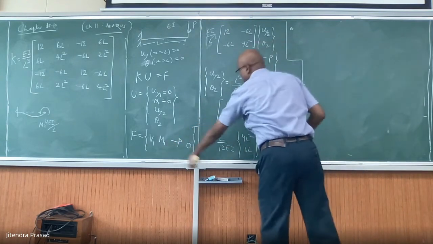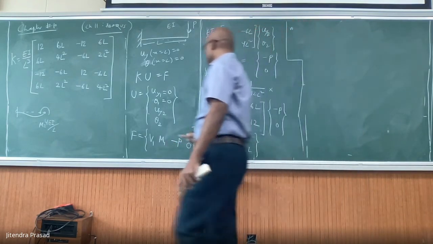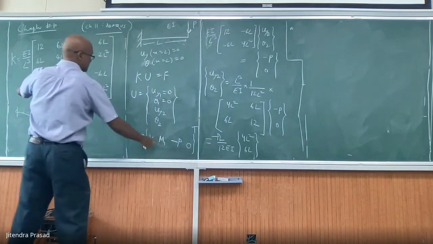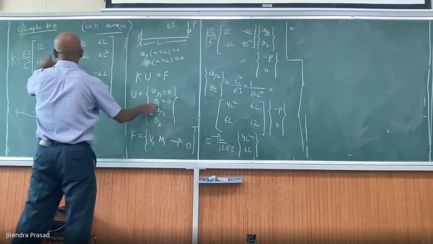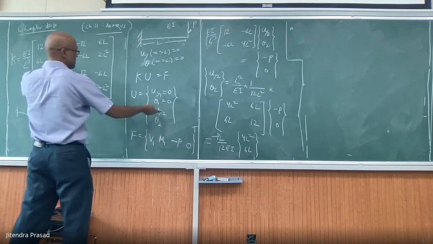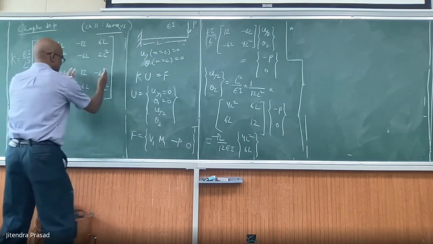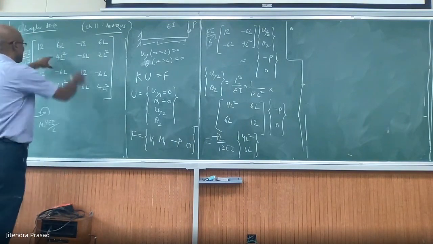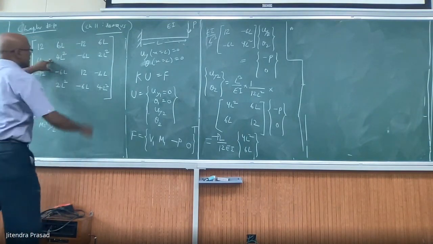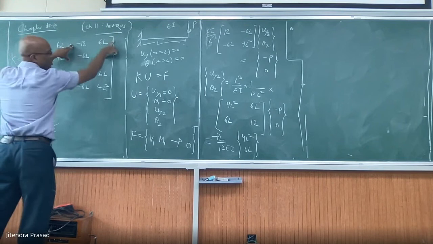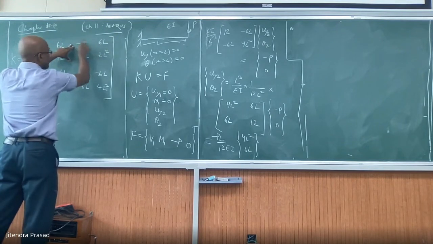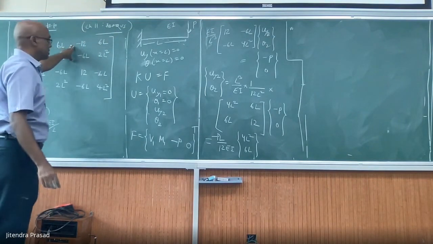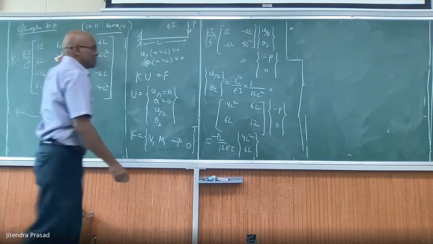If you multiply this by this, you get this. So basically, if you multiply this, the first and second, third and fourth rows, you get V1, M1.